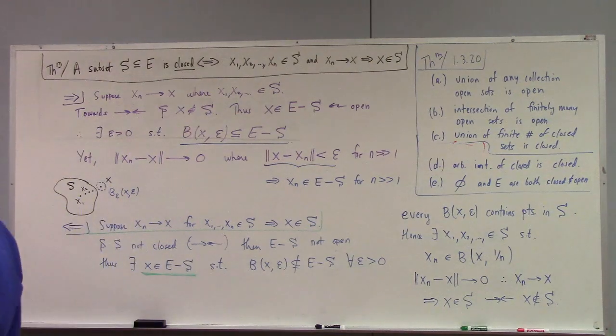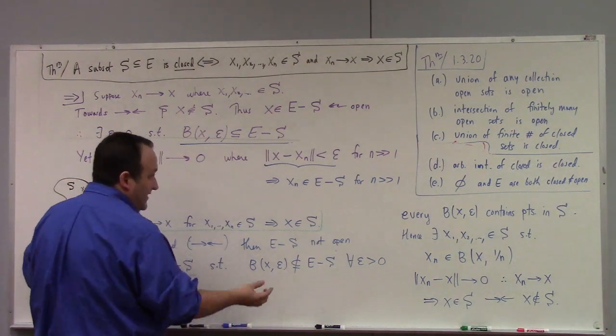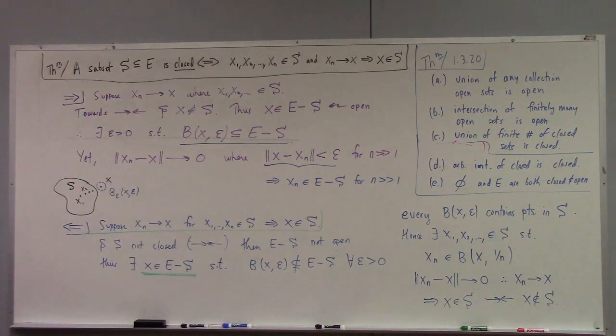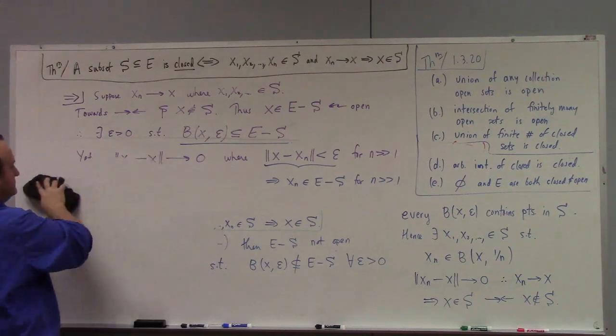All right, I'm tired of talking about this one. Can I go on? But this is important, right? Because this is how we test for closed using sequences. Is every convergent sequence in your set converging inside your set? If that's the case, you have a closed set. This is how we define closed sequentially. Now, this method of proving things are closed is not available to you in many examples in topology, because in topology, sequences are not enough.